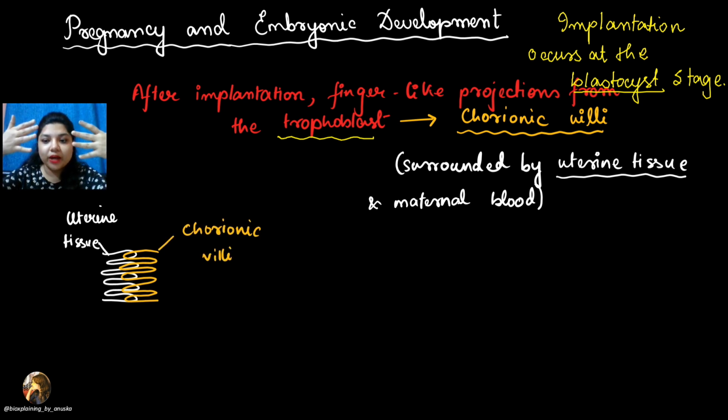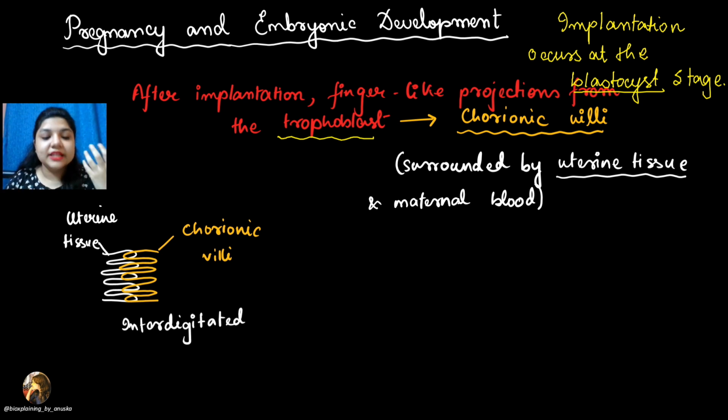If I put the fingers of both hands into each other, suppose one hand is the uterine tissue and the other is the chorionic villi. Fingers are also known as digits, so we can say they get interdigitated. Is it understandable? They get interdigitated with each other and jointly form a structure.